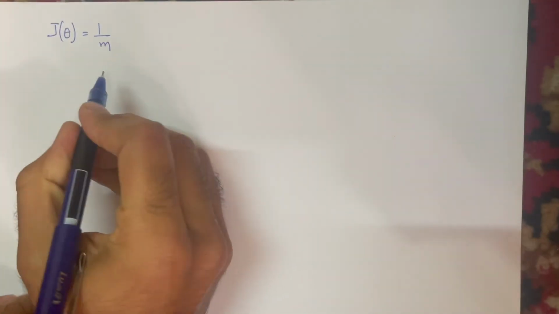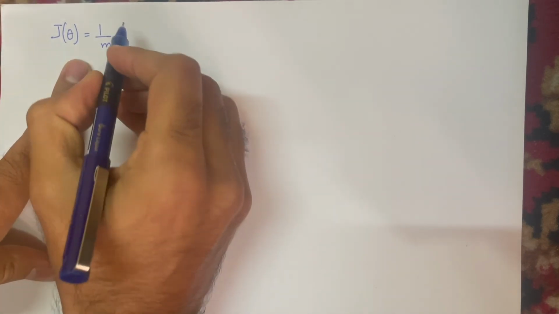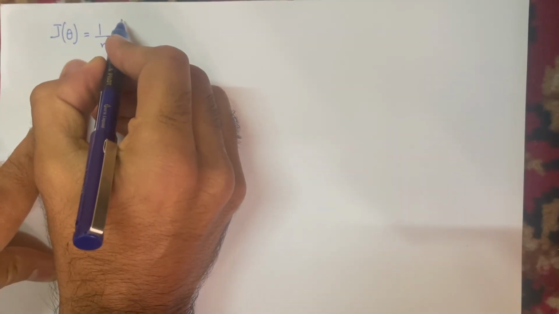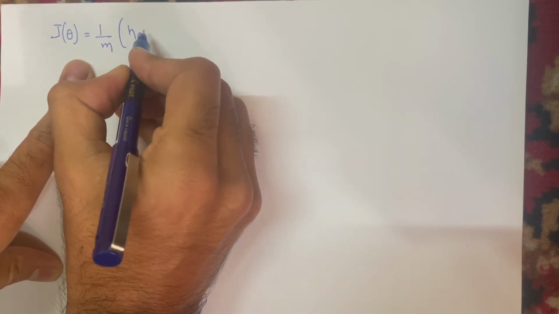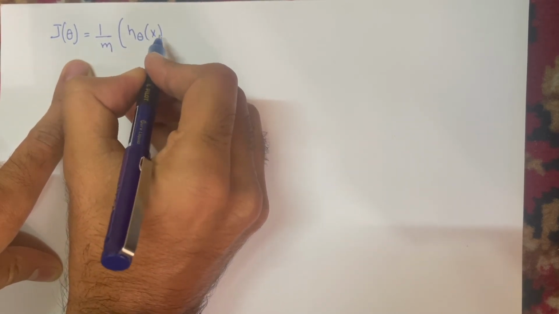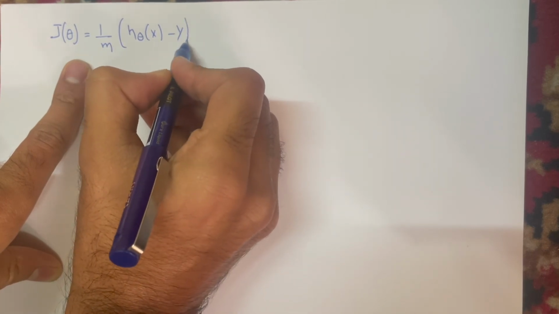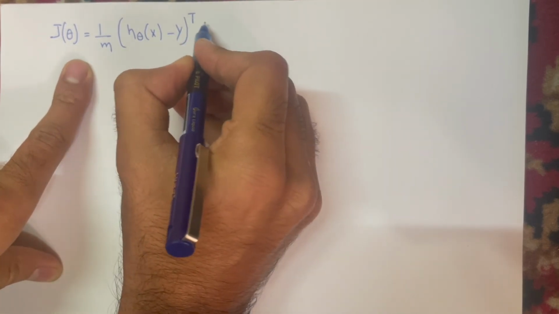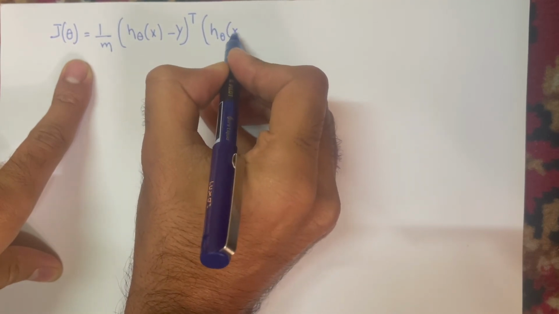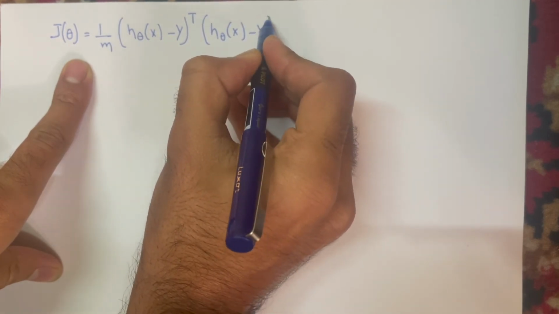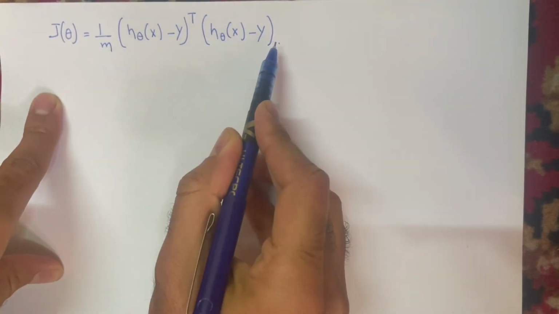It can be written as 1 by m, then I will write h of theta x minus y whole transpose into h of theta x minus y. So I will show why I am writing it like this.